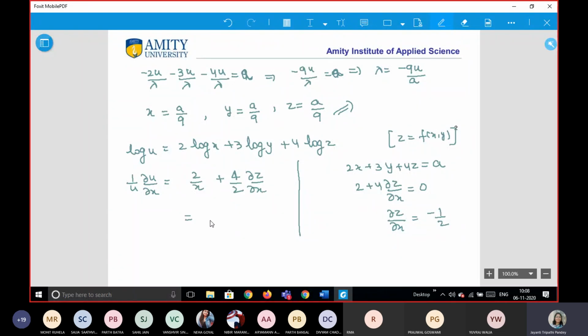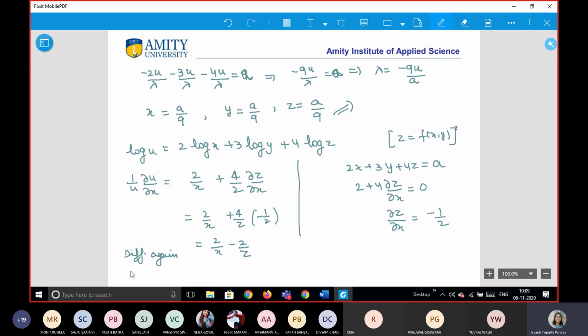So you can write it as 2 by x plus 4 by z into minus half. So actually you are getting 2 by x minus 2 by z. Okay. Now you differentiate it further. So what will you get?